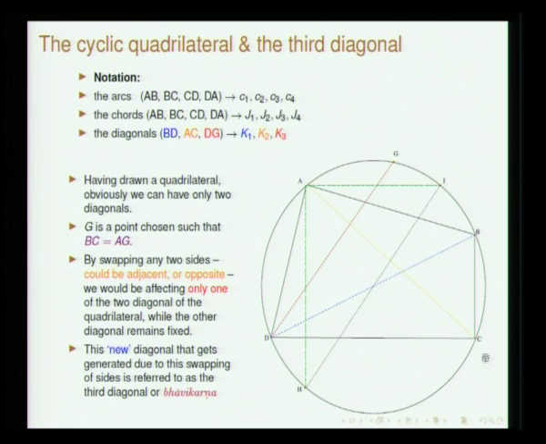So, ABCD is the cyclic quadrilateral, and as before, we will have AB as the first side, which I will denote as J1. So, BC is J2, CD is J3, and DA is J4.